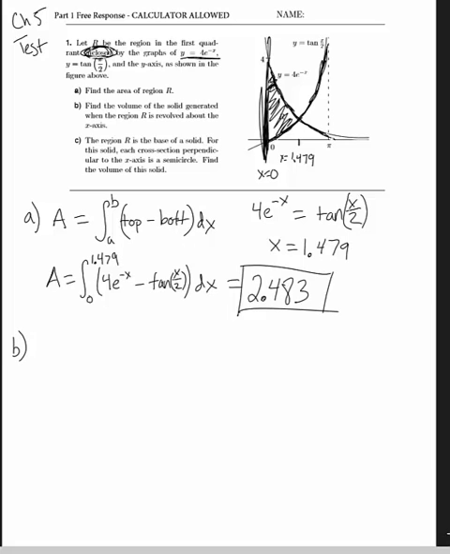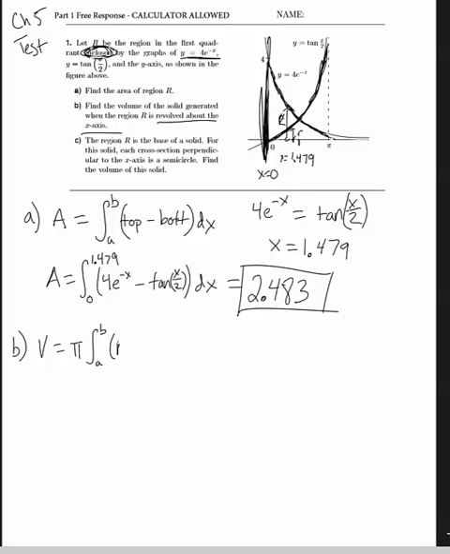Find the volume of the solid generated when we revolve it around the x-axis. So it's going to be our volume formula: pi times the integral from A to B. Now, we're revolving this, and you can see it's going to be the washer method. So this is going to be our big R, and then this would be little r.